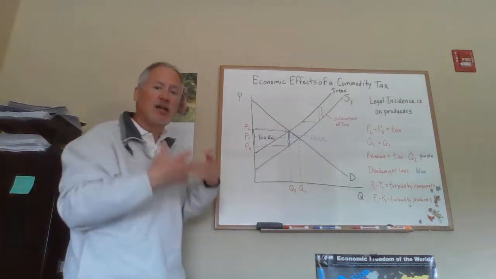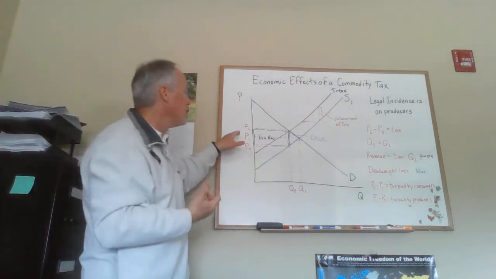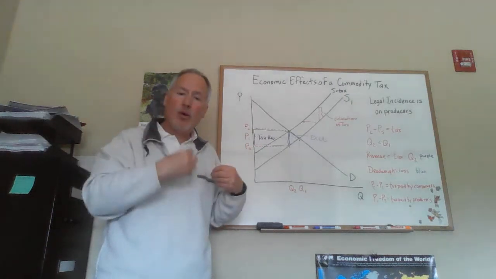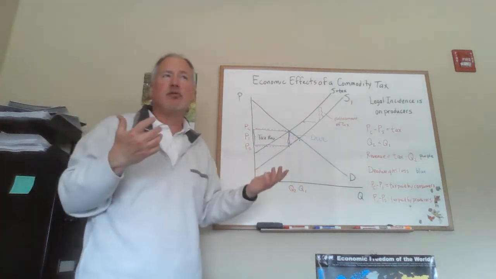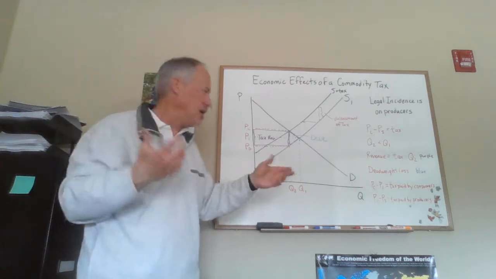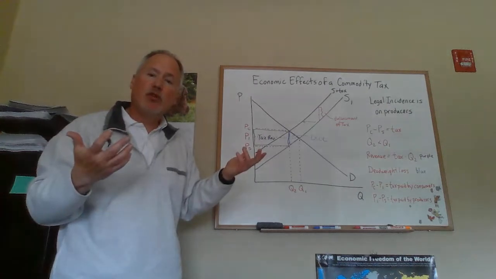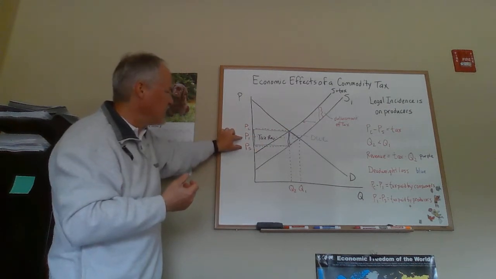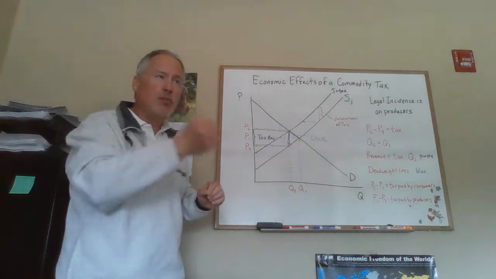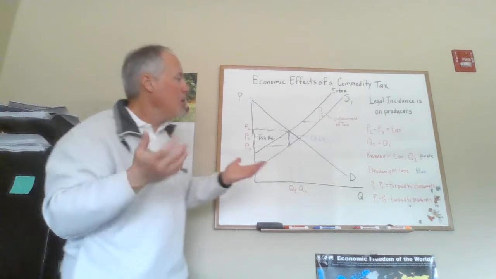P1 minus PS is the portion of the tax that the suppliers are paying, because suppliers end up receiving a lower price. They were previously selling this good for P1. Now with the tax in place, they only get to keep PS after they pay the tax. So they're receiving a lower price, and consumers are paying a higher price. We can use these differences to talk about what proportion of the tax consumers and producers are each paying.